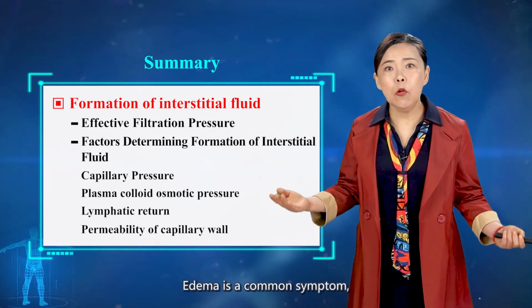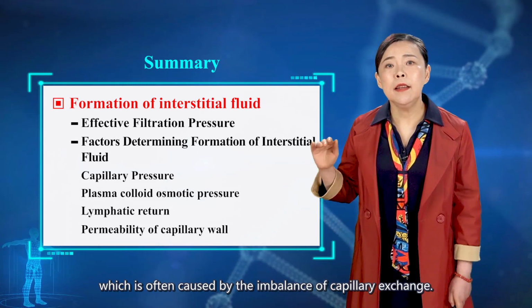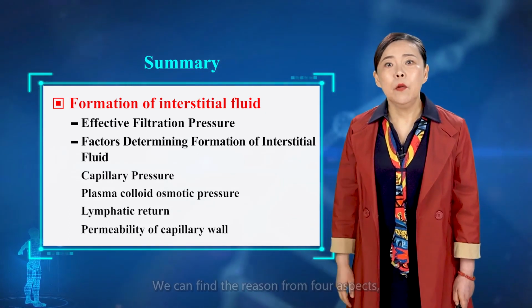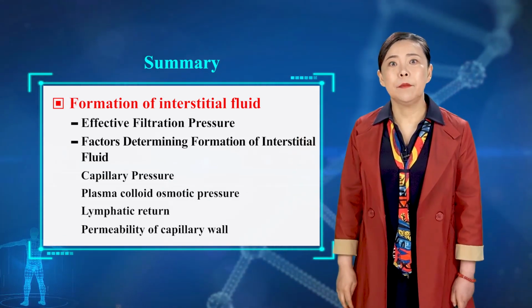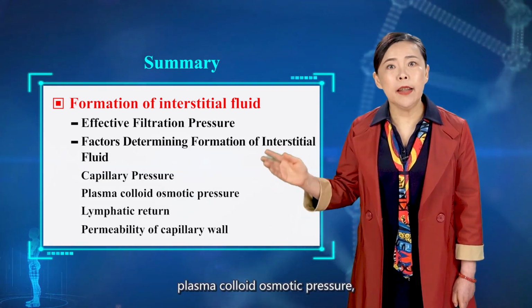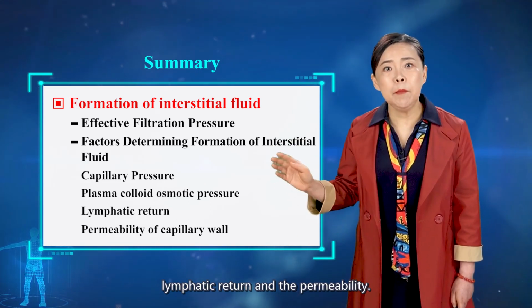Edema is a common symptom, which is often caused by the imbalance of capillary exchange. We can find the reason from 4 factors: capillary pressure, plasma colloid osmotic pressure, lymphatic return, and permeability.